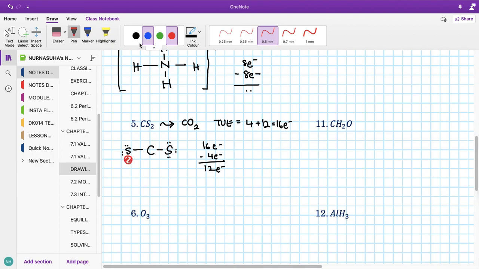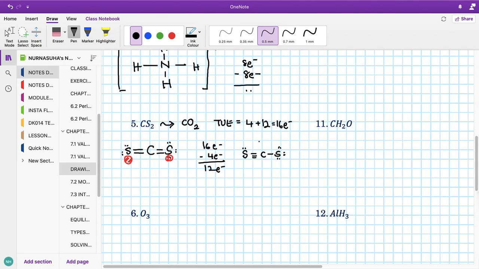So we take one lone pair, we form one double bond. So take another one, and form another covalent bond. Actually, you boleh je ambil satu lagi lone pair kat sini buat triple bond. Here is single bond. So your structure will look like this. Structure ni tak salah tau, this one.